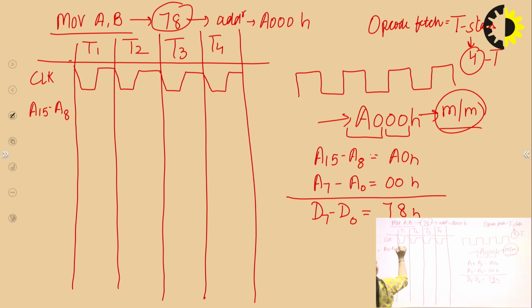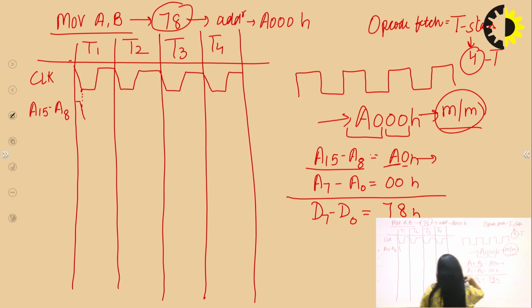As we can see, there is a slight delay here, because 8 address lines will have 8 bits, with some zeros and some ones.